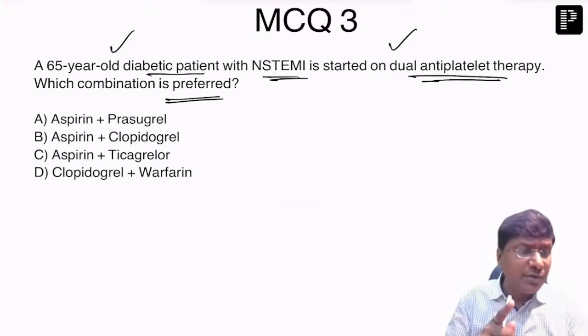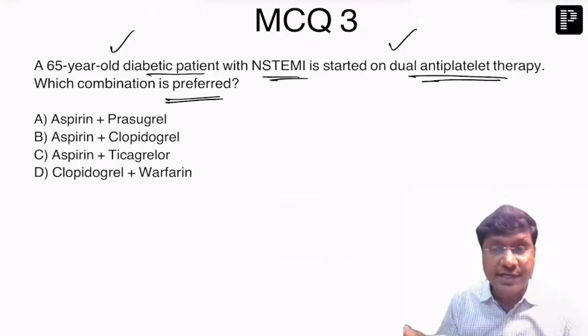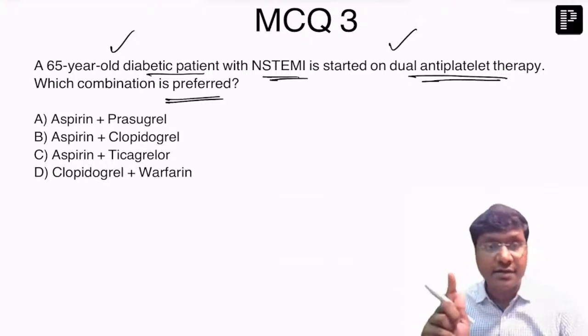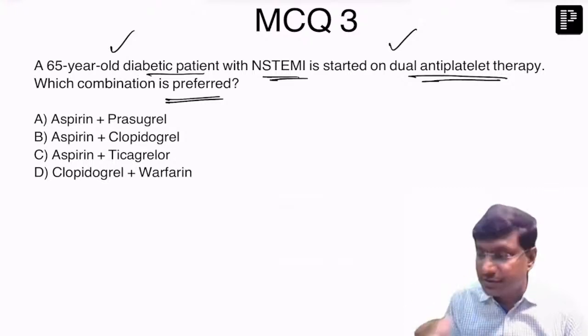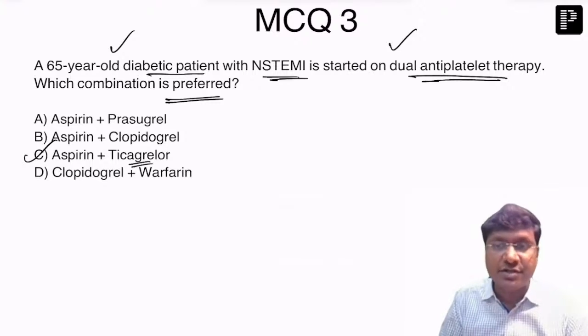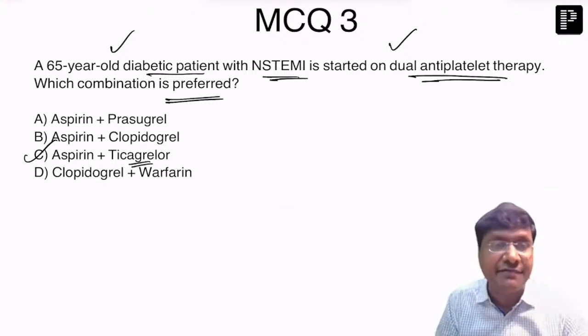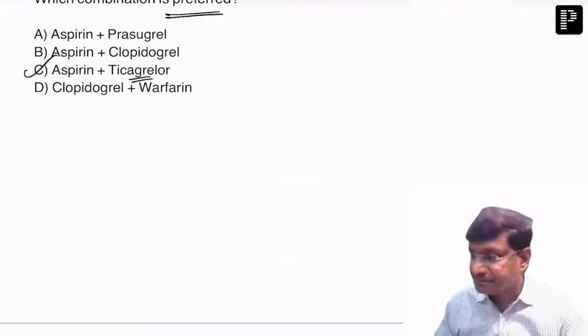If the platelet count is around 1 lakh, then you can do thrombolysis without any problem. Okay. So here the preferred combination in patients with NSTEMI is aspirin plus ticagrelor, because this was according to your PLATO trial. What did the PLATO trial tell you? The PLATO trial said it is ticagrelor which is highly efficacious compared to your clopidogrel. Okay, the name of the trial is also very, very important, right?